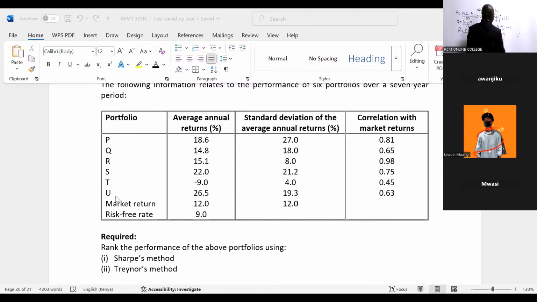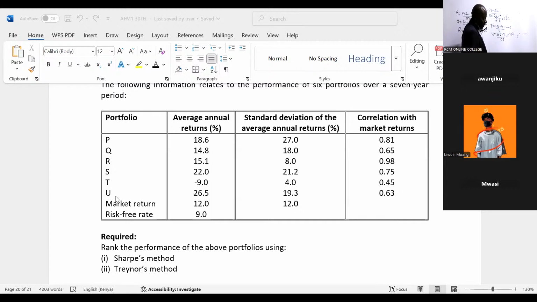Minus 9, all over the standard deviation of U, which is 19.3. Which ended up giving you 0.9067. And that is all the 6 securities.